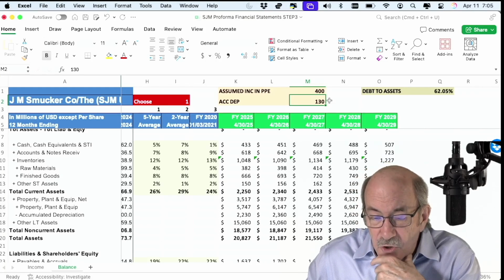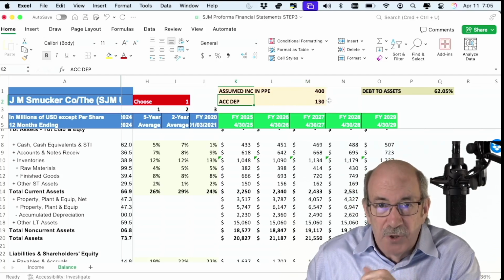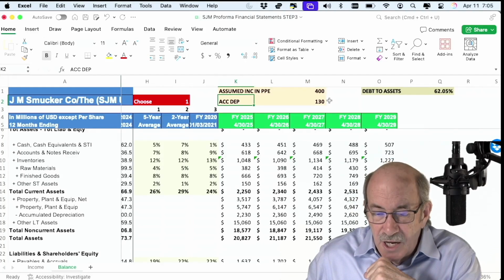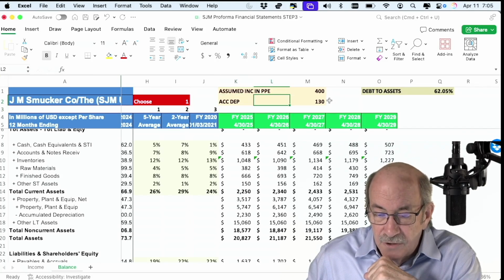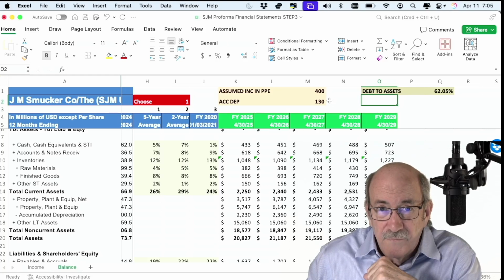To be even more flexible, you could put your assumed increase in PPE here, and then the additions to accumulated depreciation here, and do the same thing for the next year in these 2 cells, and the next year in these 2 cells, and so on, all the way out to here.